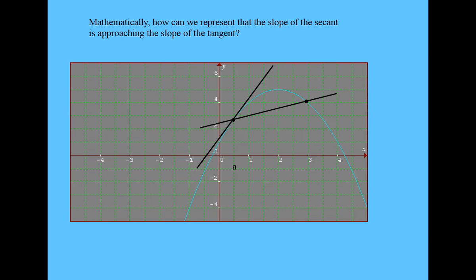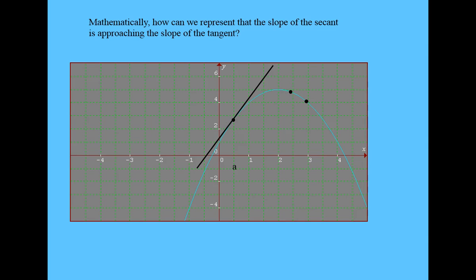So we looked at the slope of that secant line, and we said we could use that to estimate the slope of the tangent line. But we said that's not a really good estimate. So we moved the point a little bit closer to a, and then we created the slope of that secant line. And we said, well, that's even a better estimate for the slope of the tangent line.